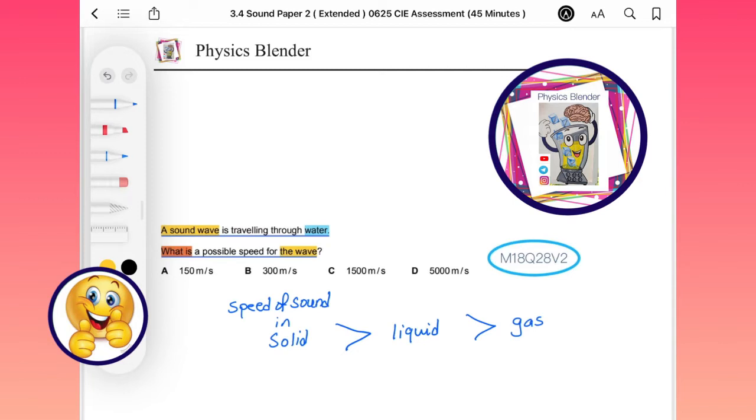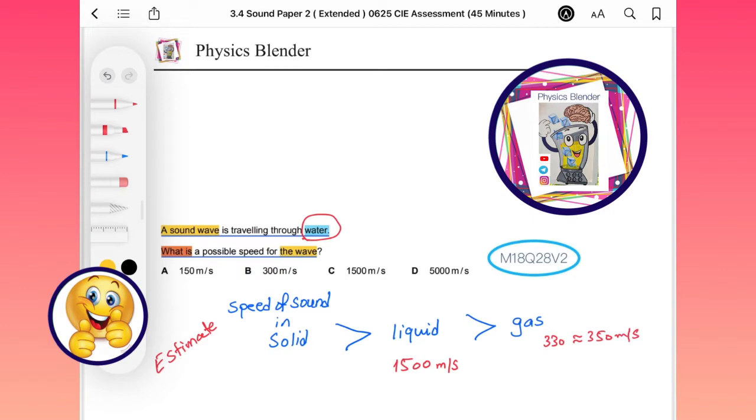So you can estimate the value of speed for sound waves in water, which is a liquid. In liquids, we have a range, approximately 1500 meters per second. In gas, like in air, it's about 330 to 350 meters per second.